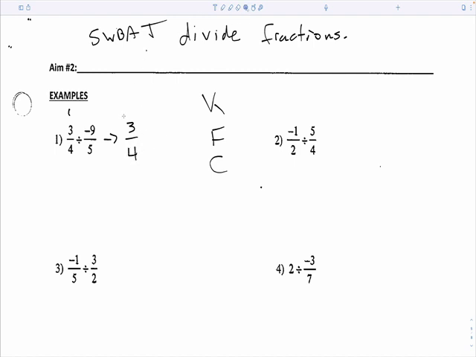Then you're going to flip the second fraction. -9/5 turns into 5/-9. Then you change the division sign to what? Multiplication. Keep, flip, change. Some mathematicians don't like that acronym.